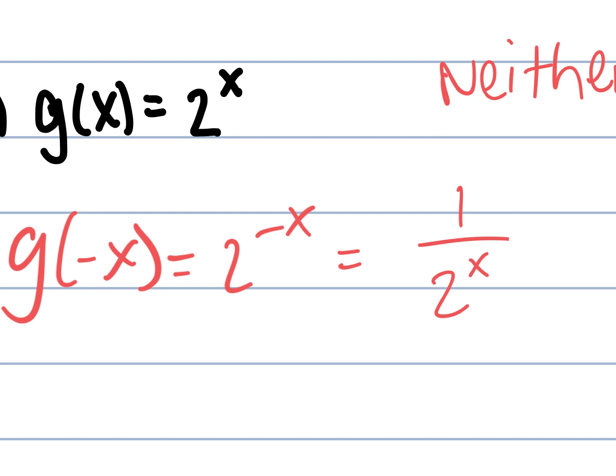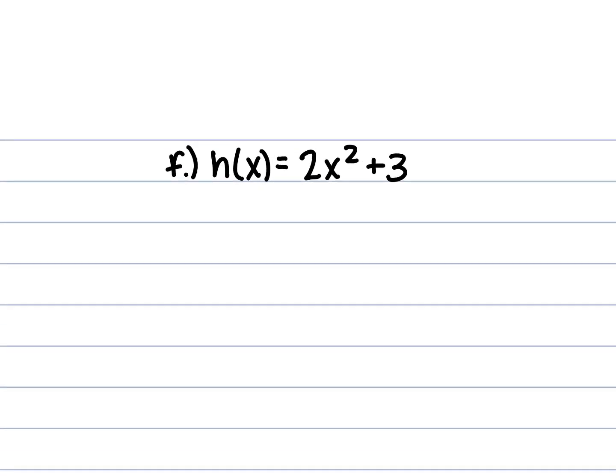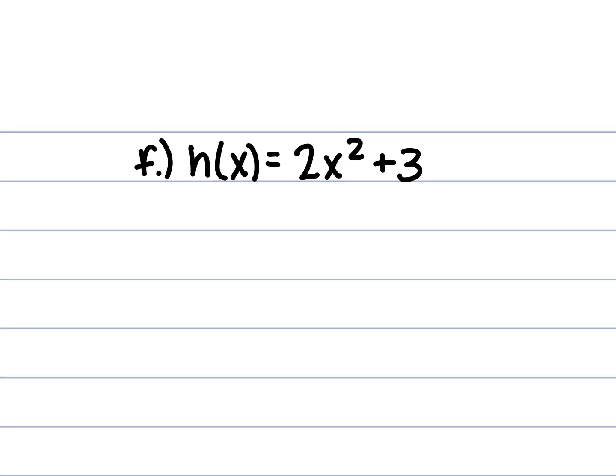Let's take a look at letter F. We've got h of x equals 2x squared plus 3. Don't start working. Let's take a guess. What do you guys think? Okay, let's see if we're right. h of negative x equals 2 times negative x to the second power plus 3.